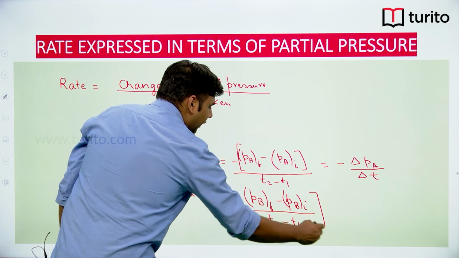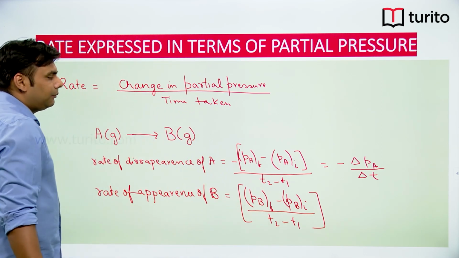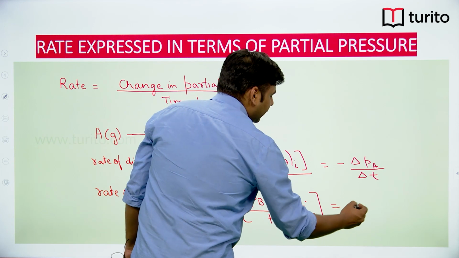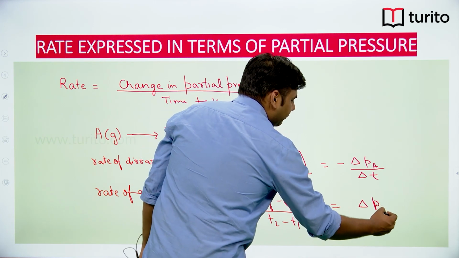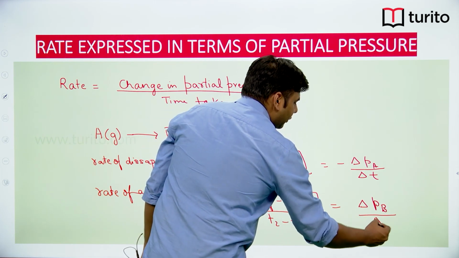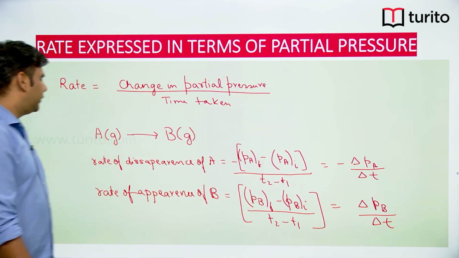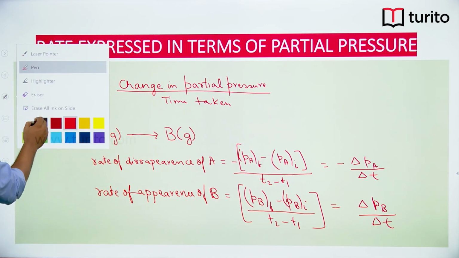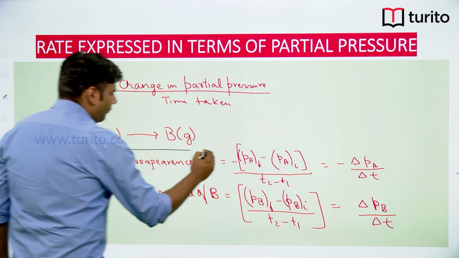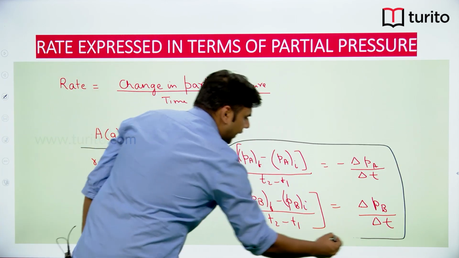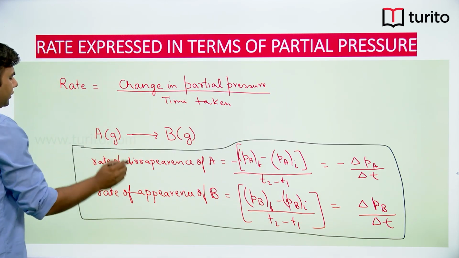This will have a positive sign because it is a product. So this will be delta PB upon delta T. I hope this is clear to everyone. This is in accordance with the same formula which we did yesterday. So just remember this point.